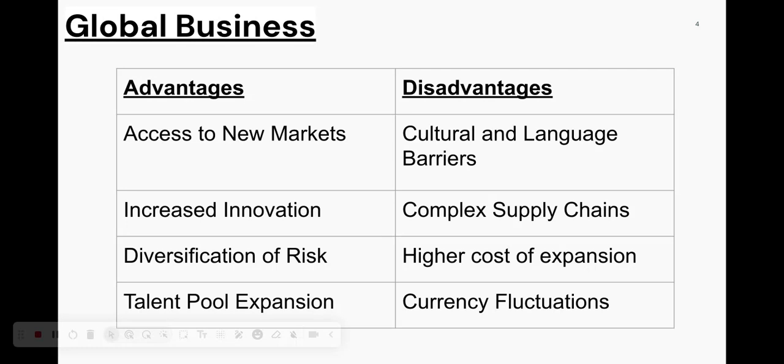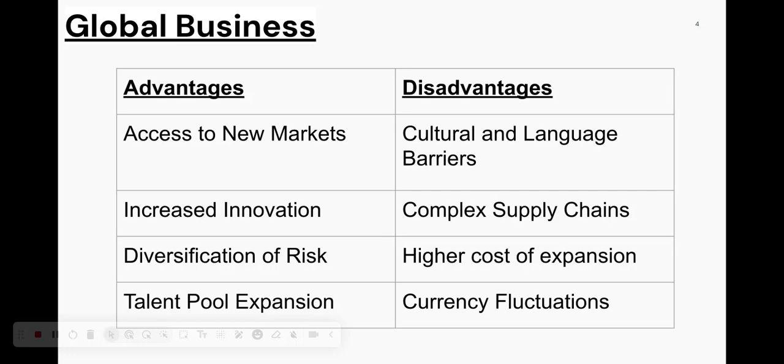Next, we have increased innovation. This sort of tags in with the first one. You're going to have a lot of new resources and just a lot of new things that you can be using if you are running a global business.